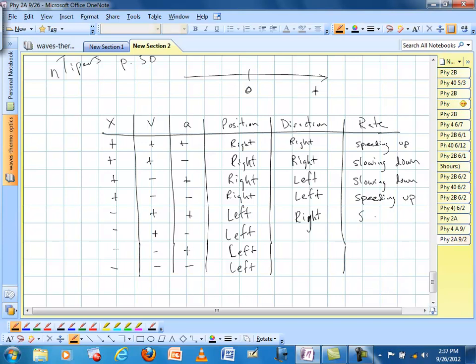Positive acceleration means it's speeding up in this case because it's in the same direction as the velocity. And this time it's in the opposite direction. So it's slowing, and these two are going to the left. This one is slowing, and this one is speeding up. Did I get that right? Okay. So that was the point here.